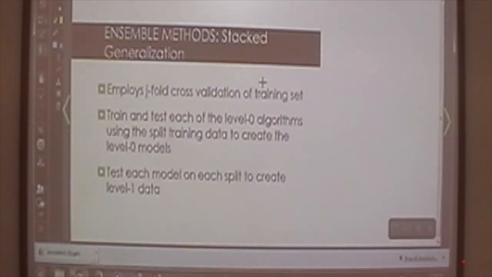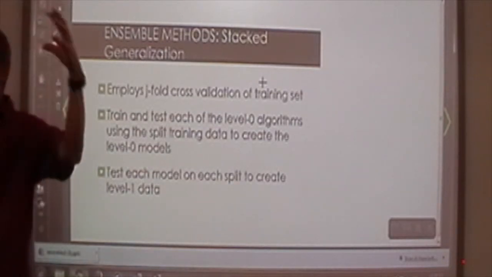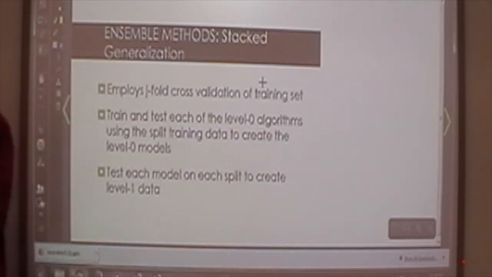So we start off with, again, a training set. And we're going to do some J-fold cross-validation of the training set. So anybody remember what that meant? So maybe it's 10-fold. So we'll split the training set into 10 different pieces, right?